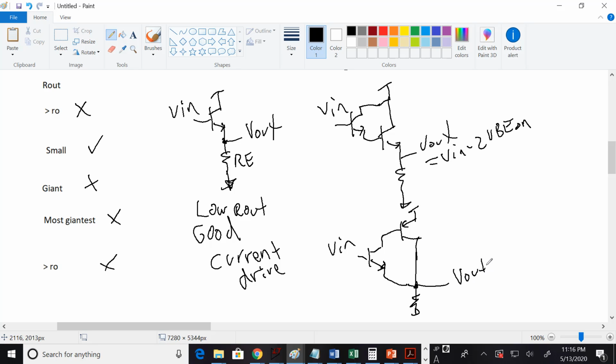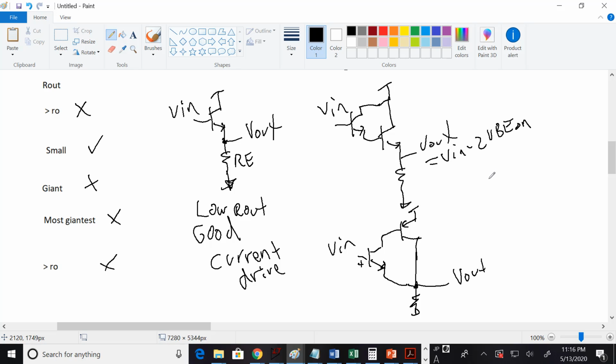So it still shows you a pretty low R out. It just has to change this voltage just a slight amount, and this thing will conduct a lot more current, which will make this conduct a lot more current. So pretty low R out.